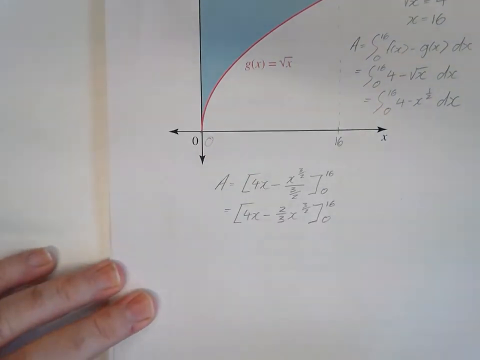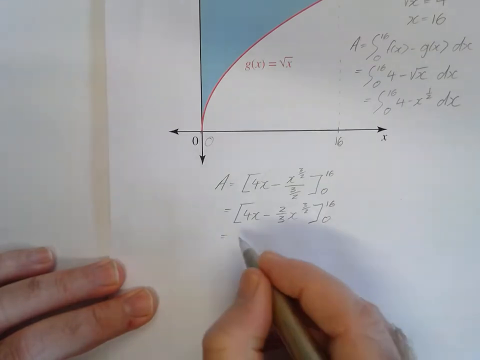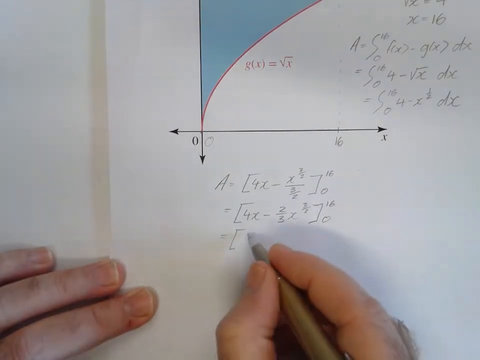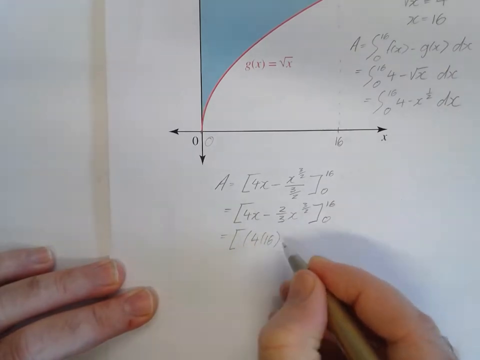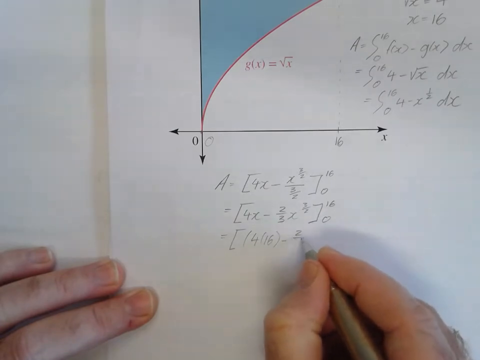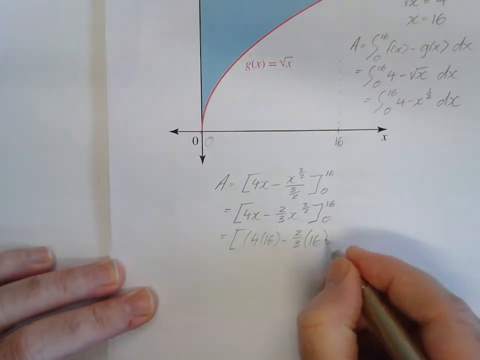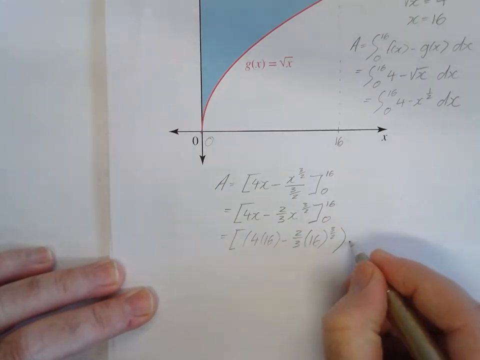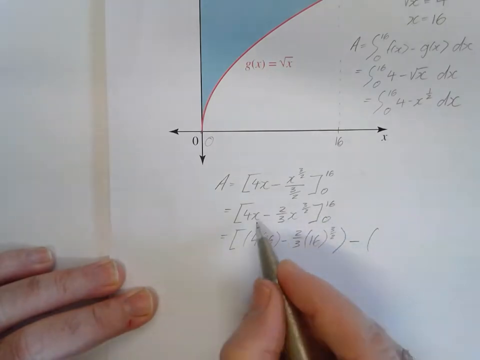Now I'm going to substitute both these values into this. Putting my upper boundary in, I will get 4 lots of 16 minus 2 on 3, 16 to the 3 on 2, and then I'm going to take away what I get when I put my lower bound into this.